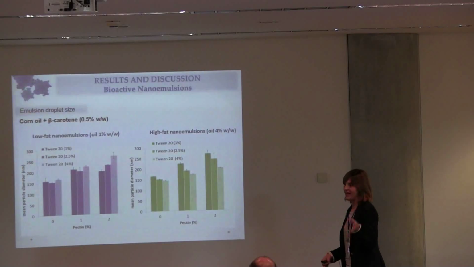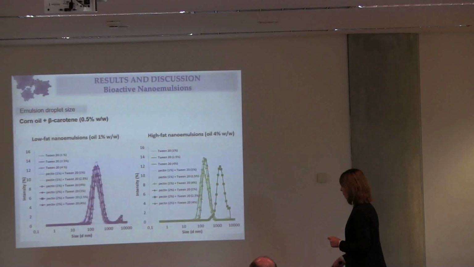Also, as we increase the concentration of the surfactant, the emulsifier, we reach lower particle size. Here you have the distribution of particle size, and here you see that samples with 2% of pectin and 2.5% of T20 presented the highest particle sizes.